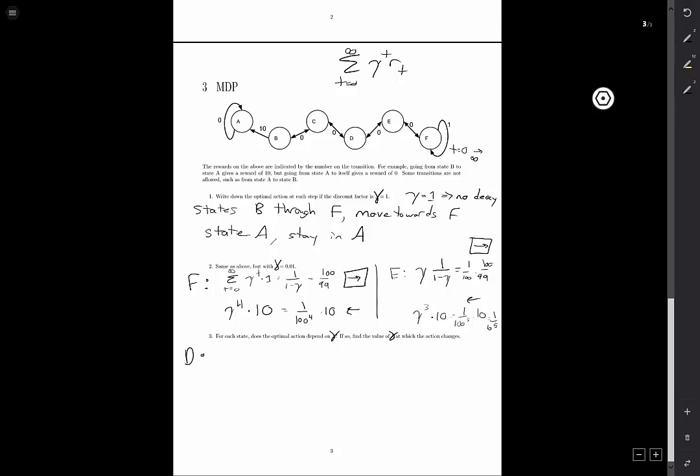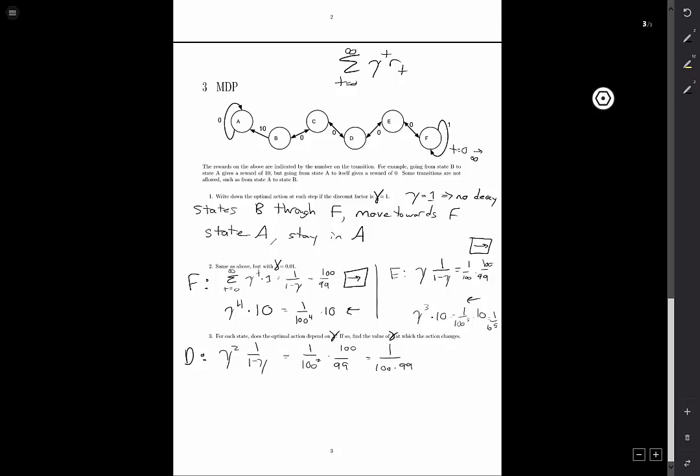So for D, it's going to be the same calculation, gamma squared though, because we're one farther away, times 1 over 1 minus gamma. So that equals 1 over 100 squared times 100 over 99. So that's 1 over 100 times 99.